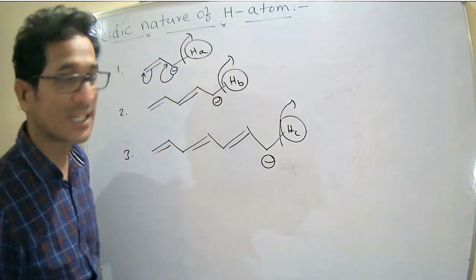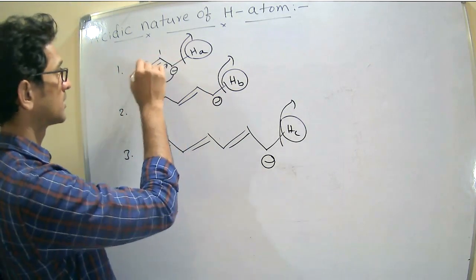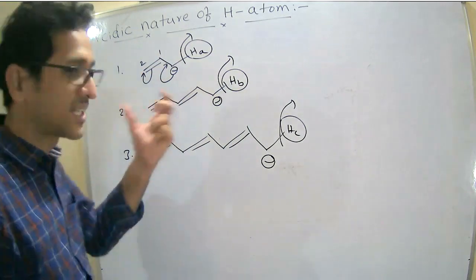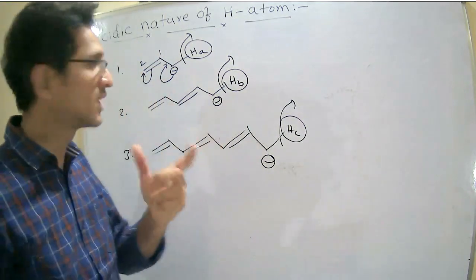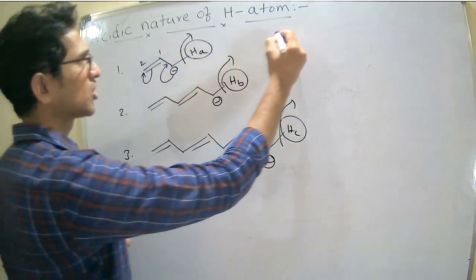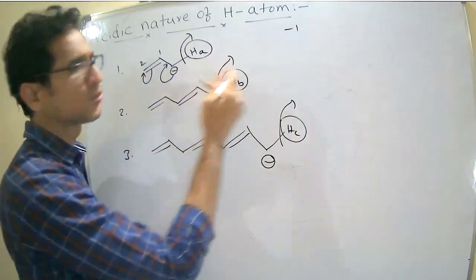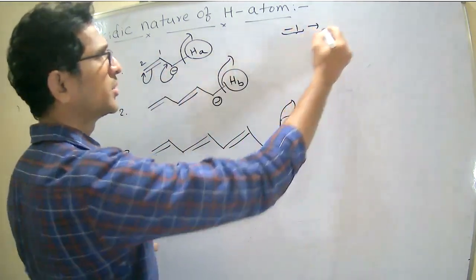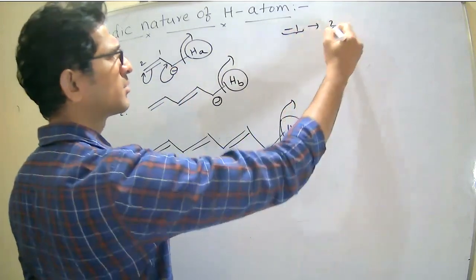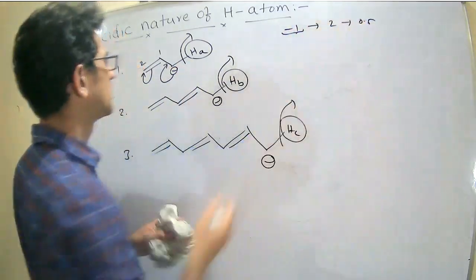The negative charge is delocalized over carbon 1 and 2, that is, dispersed on 1 and 2. For example, if the charge is 1, since -1 is shared by 2 carbons, each contributes 0.5.